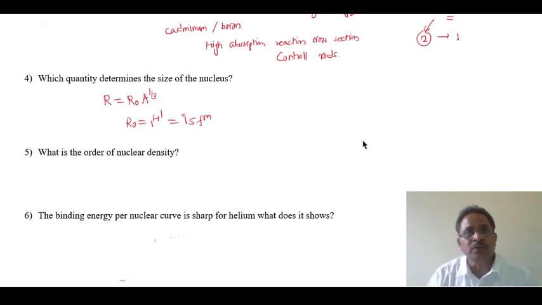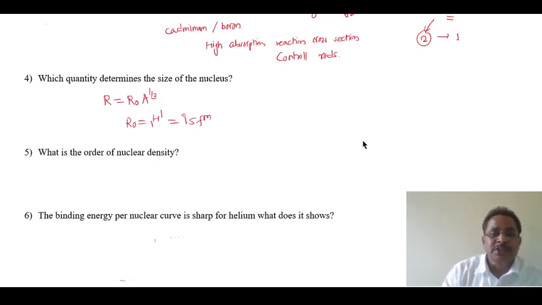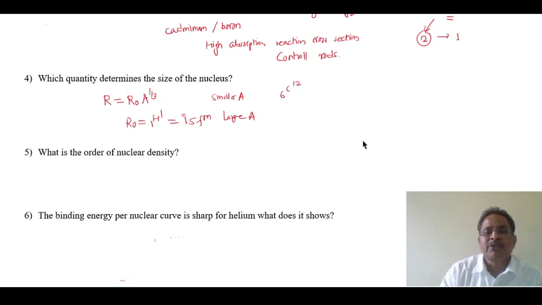That is another unit used to measure nuclear dimensions, and depending upon this, the nuclear radius goes on increasing. For smaller A, this R will be smaller, and for a large A value, it will be larger. For example, the radius of 6C12 carbon will be something different, and if I go for 92 uranium 235 or 238, in this case the total number of nucleons will be 238. So the radius of uranium will be much bigger.